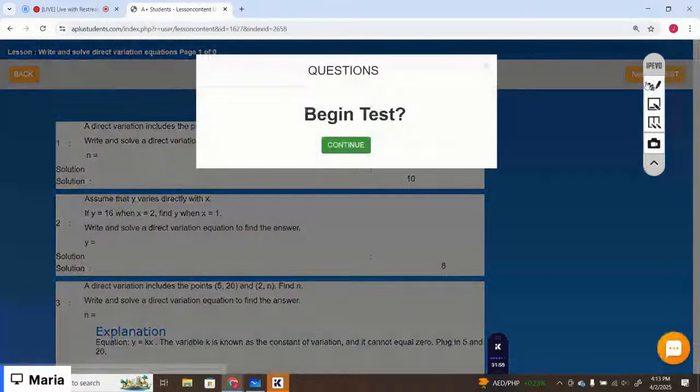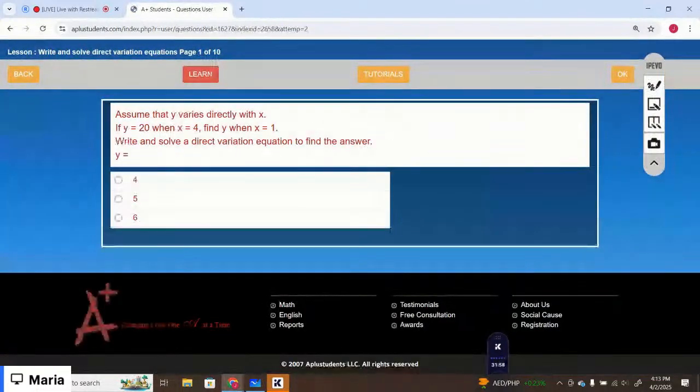Let's just start with the test questions. Assume that y varies directly with x.